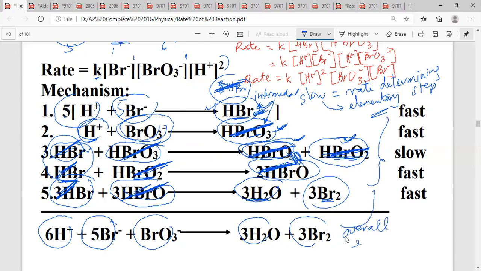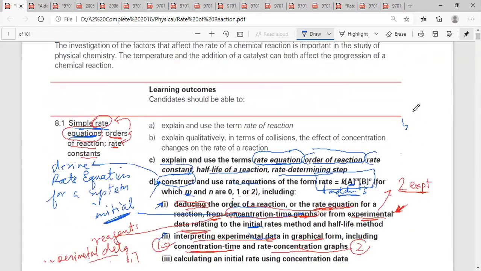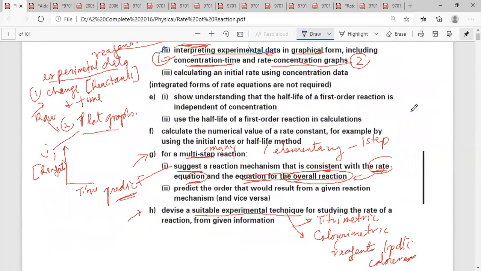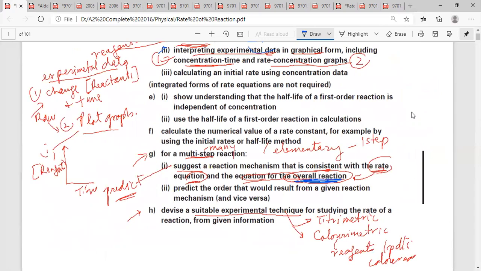Remember this overall equation. That's why you can see this page 40 in the syllabus, they actually tell you that, and the equation for the overall reaction. You must know Cambridge is not stupid, quite smart. They put it here, but then how you apply it is from the mechanism reaction.